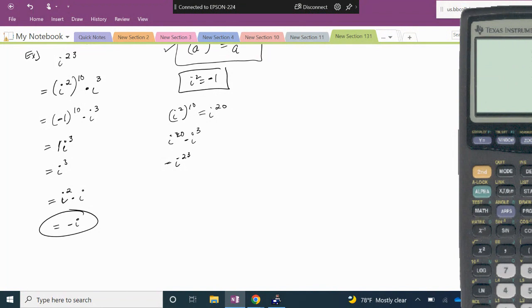So when you're simplifying the powers of i, there should only be 4 answers. These are the possible answers: i, -i, 1, -1. And those are the only problems that you can actually do on the calculator.